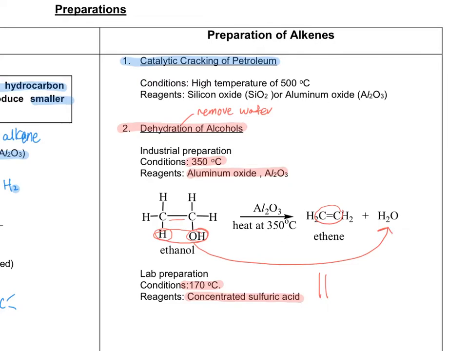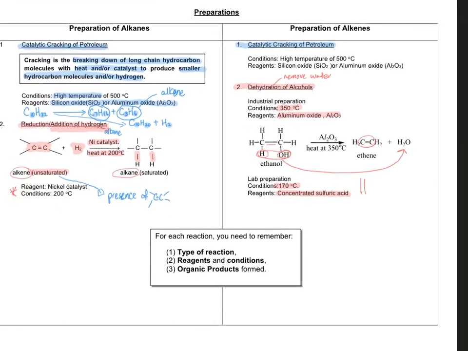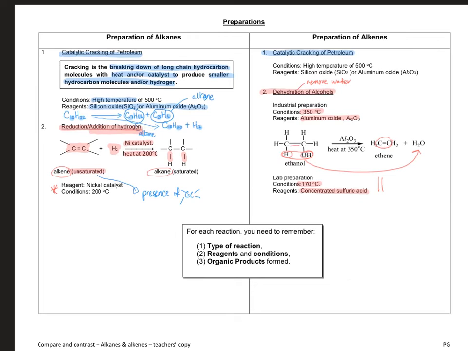If you look at these two side by side, I'm just going to show you an overall picture of how we can prepare our alkanes and alkenes. Just one big note in the box below: in organic chemistry, for every reaction, you will need to remember the type.